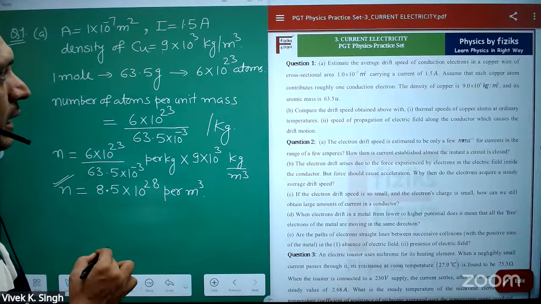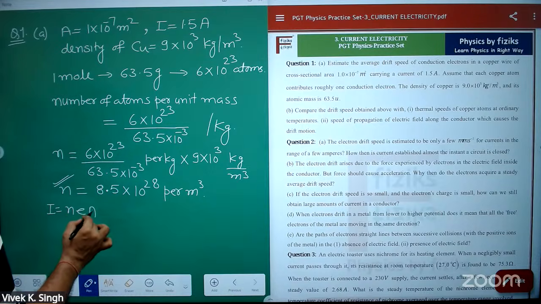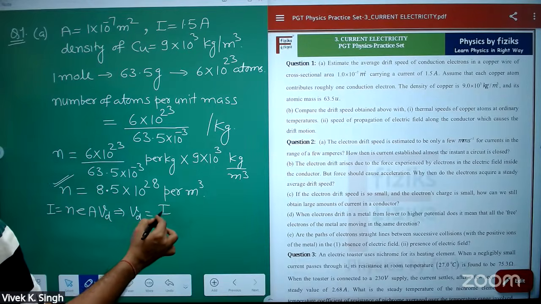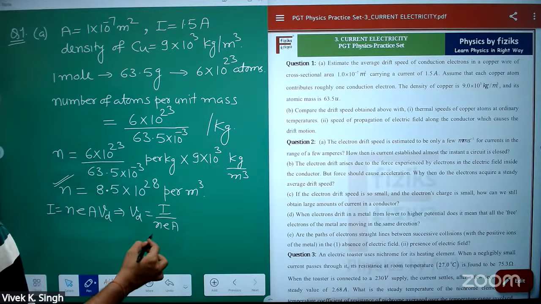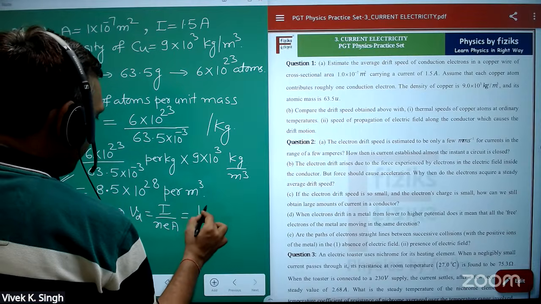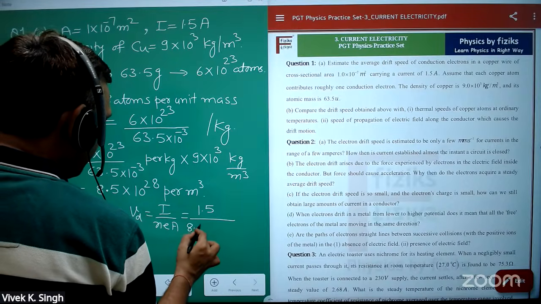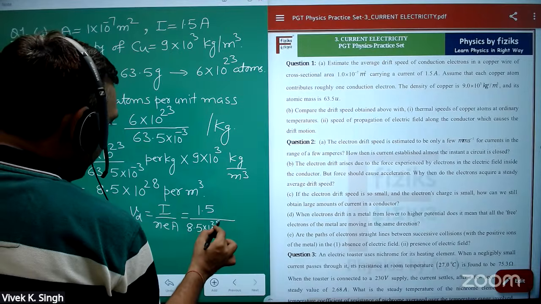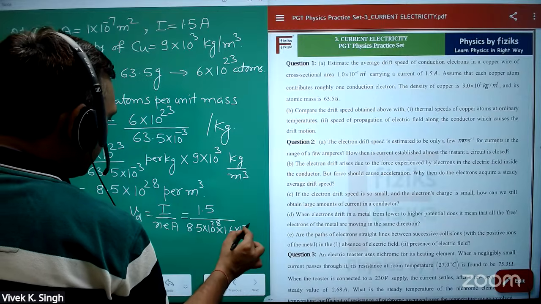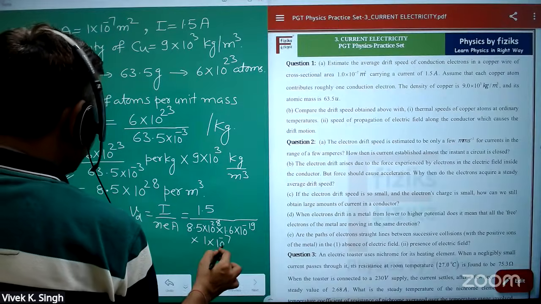So you have to find the drift speed. I is equal to nEAvd, so vd is given by I by nEA, where E is the electronic charge. I is 1.5 ampere, n is 8.5 into 10 to power 28, electronic charge is 1.6 into 10 to power minus 19, and the cross-sectional area is 1 into 10 to power minus 7.